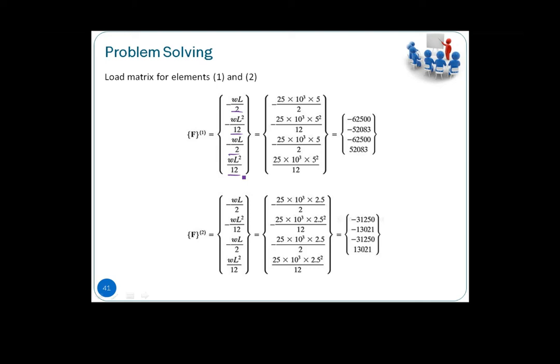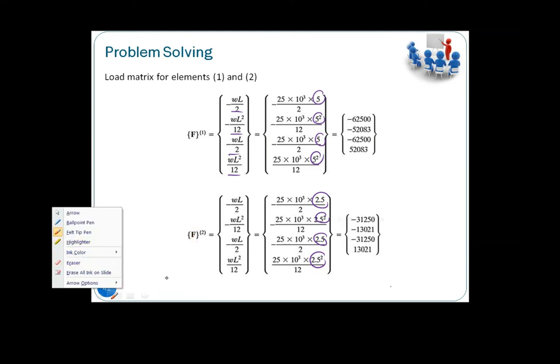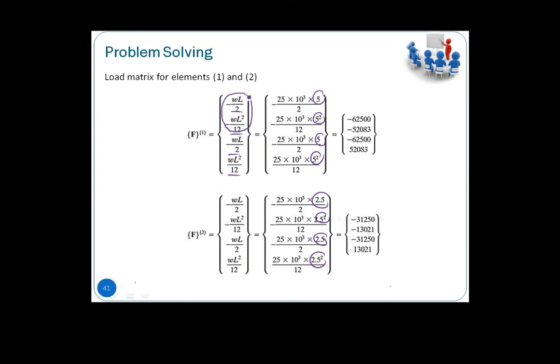In this case, our length is 5 for the first element. For the second element, we have 2.5. To get the full assembly of the load matrix, it will be this one.